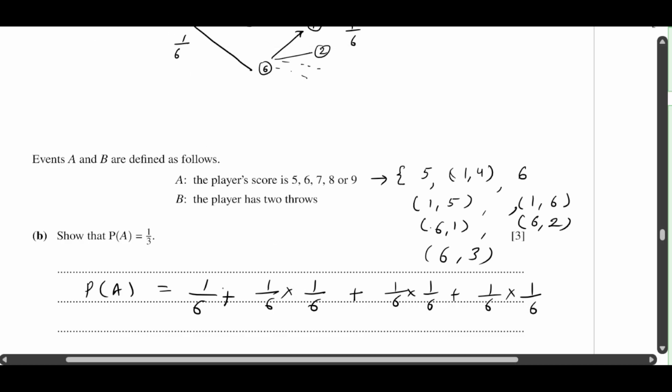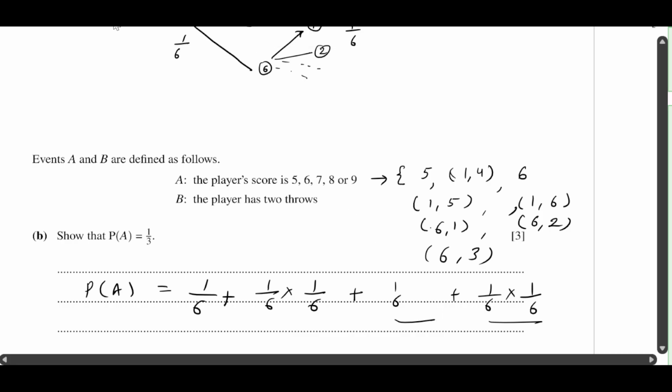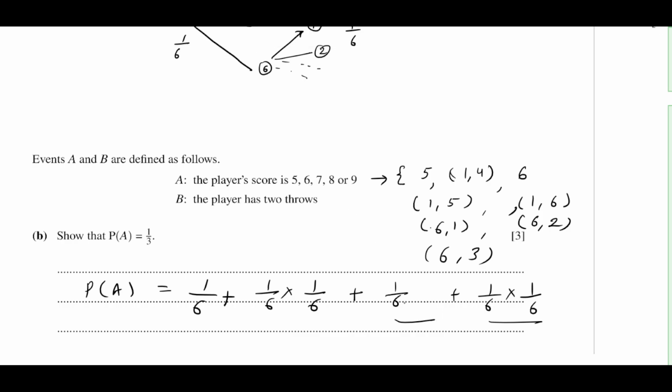Okay, so this is for 5, then this is 1 by 6 times 1 by 6 for 1, 4. For 6, it is 1 by 6 only. Then for 6, it is 1 comma 5, so that will give me this result.